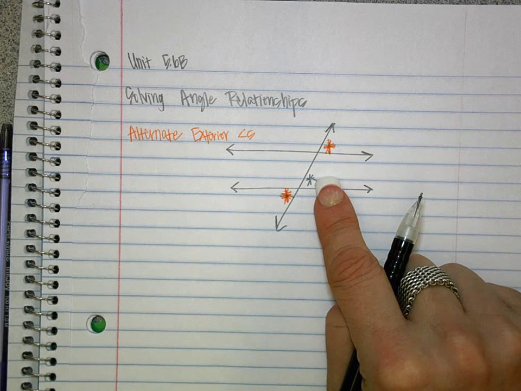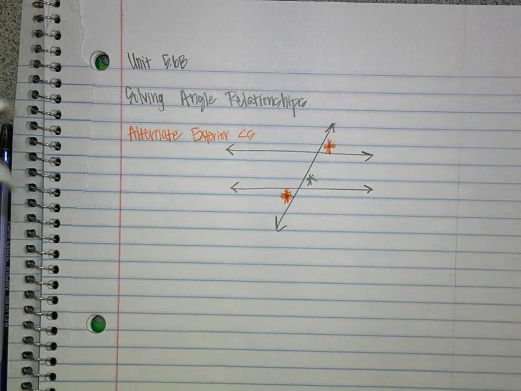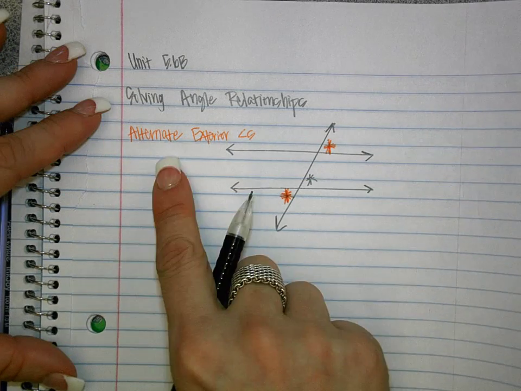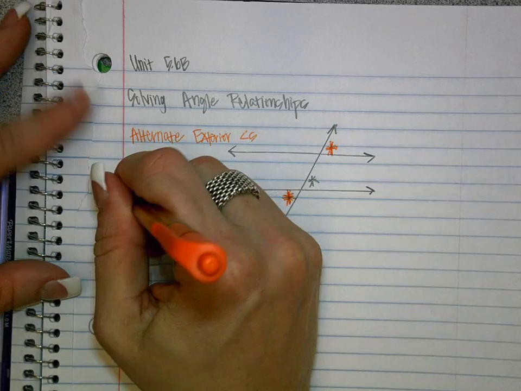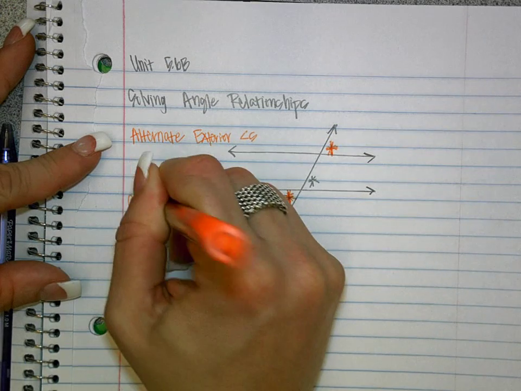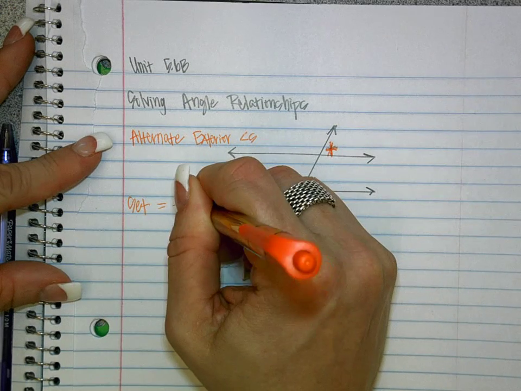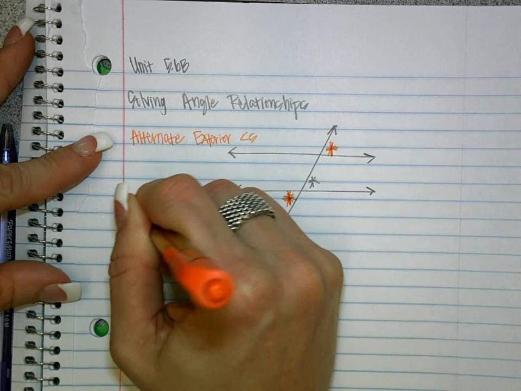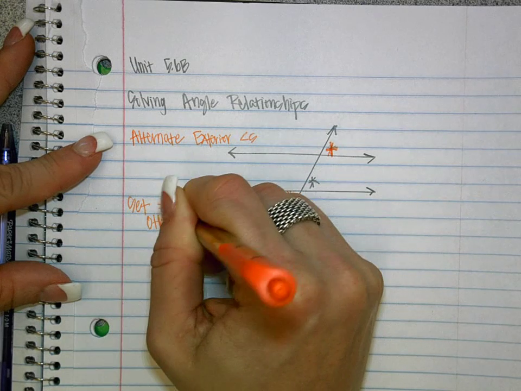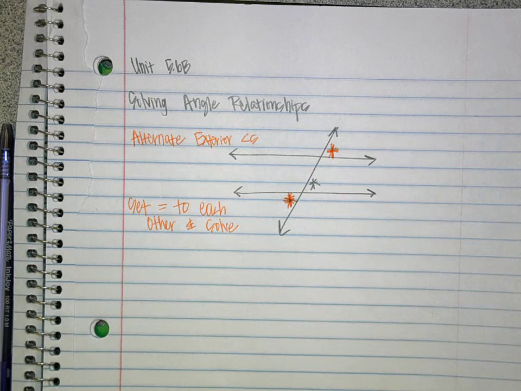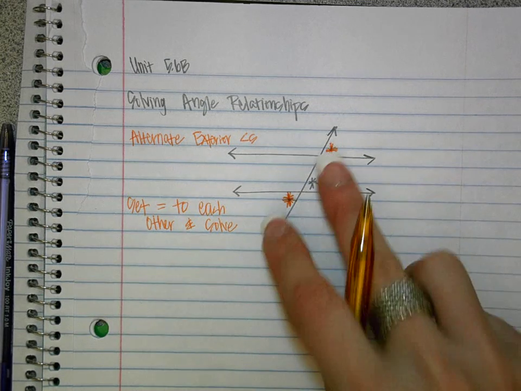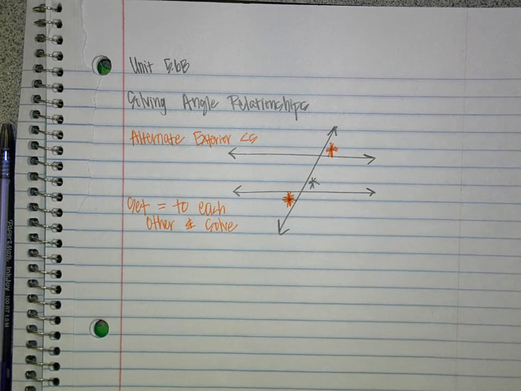They are also equal. So by definition, alternate exterior angles are also equal to each other. So set them equal to each other and solve. For alternate exterior angles, you're going to set the two parts equal to each other and solve.